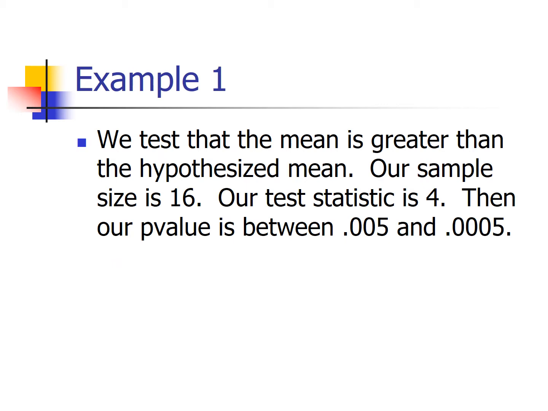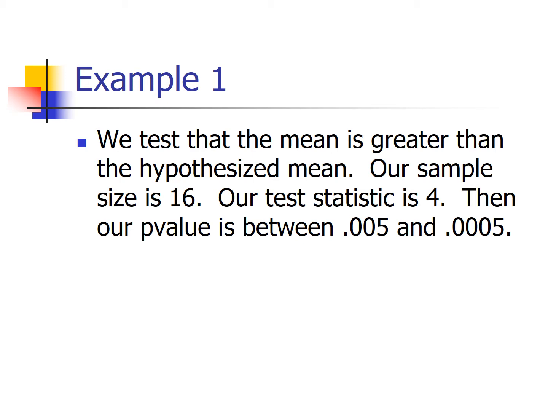So here's our first example. Let's say that we're testing whether or not the mean is greater. Remember, we had 3 possibilities for what the alternative can be. This is the situation where we're testing mu greater than mu naught. Our sample size is 16, and let's say that our test statistic is 4. A sample size of 16 means our degrees of freedom are 15.